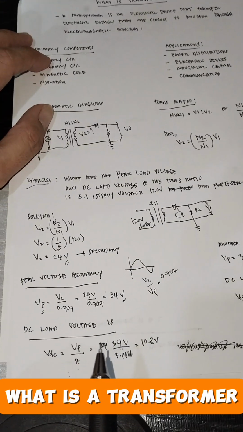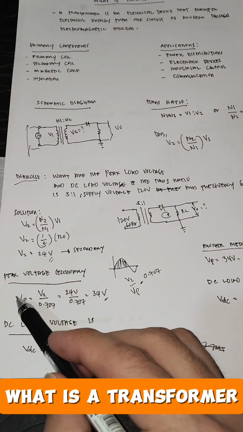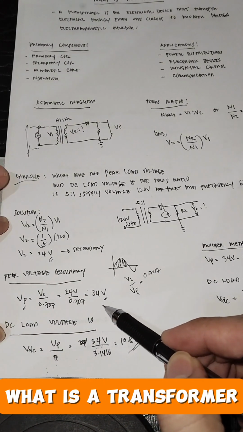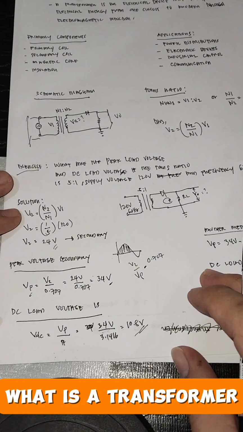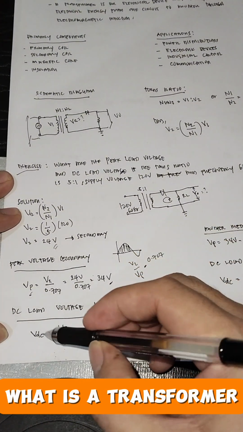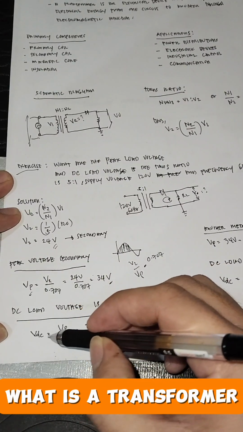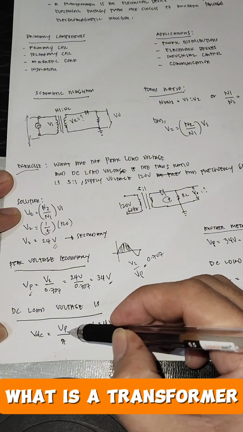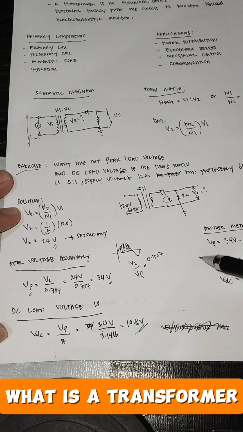And then, we already have a value for the peak voltage at the secondary, so we can now solve the DC load voltage. The formula is VDC is equal to VP over pi.